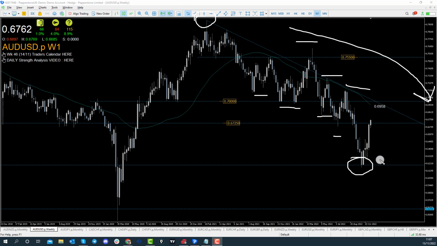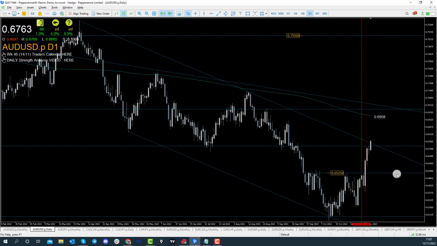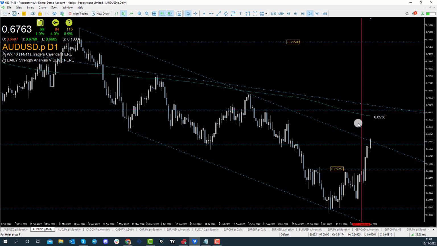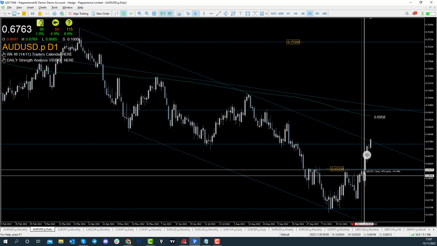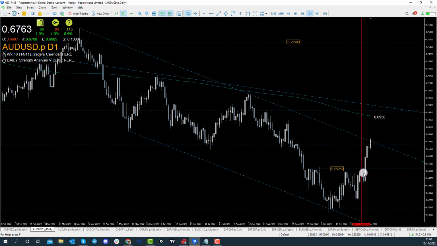Now, the last time we actually spoke about Aussie US dollar was around about the 8th of November. So you can see I've marked it on this daily time frame, and price rallied from this point 296 pips, nearly 300 pips from the last time we discussed it.